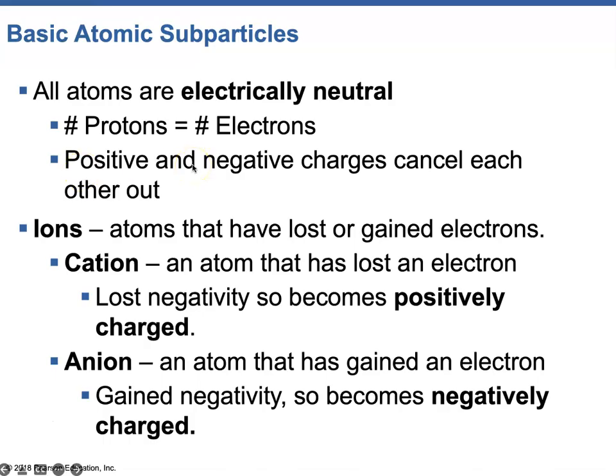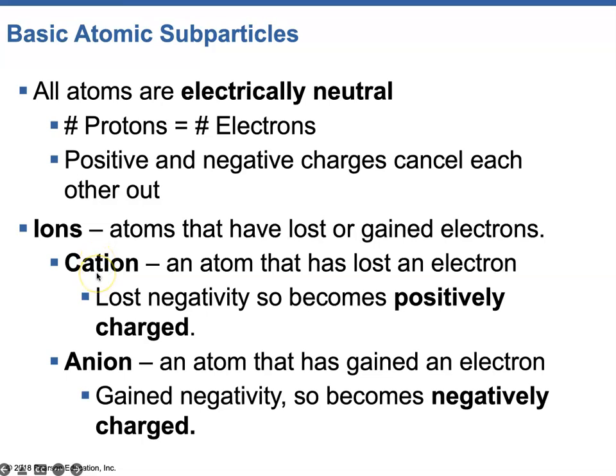So when you look at neutrality, remember that if the protons equal the number of electrons, like what you see here, that means it's neutral. The positive and negative charges cancel each other out. Now, atoms can lose an electron or gain an electron, and when that happens, they are what we call ions. A cation, and you'll notice this T here looks like a positive sign.